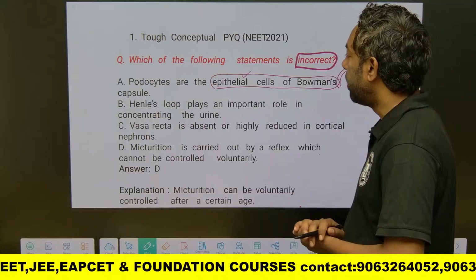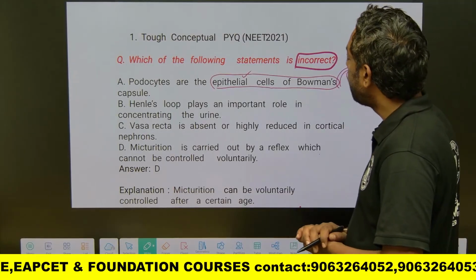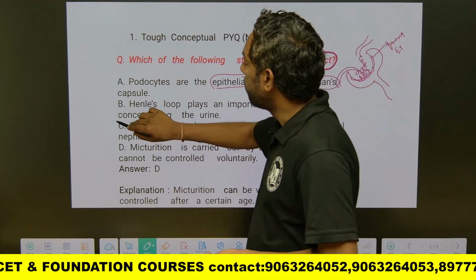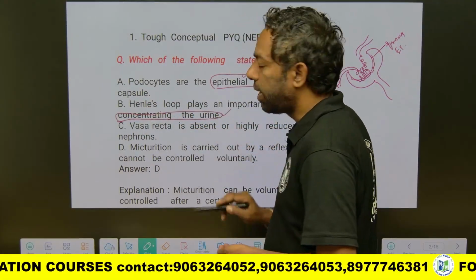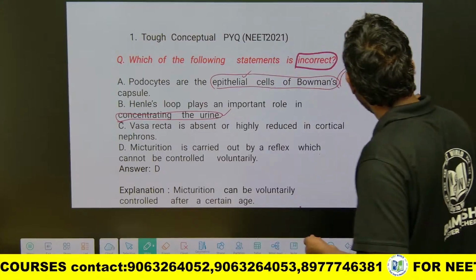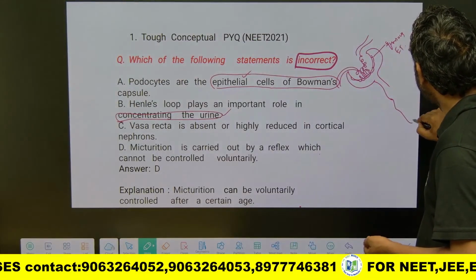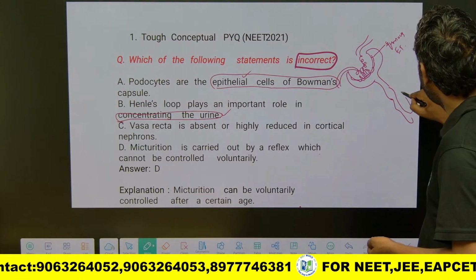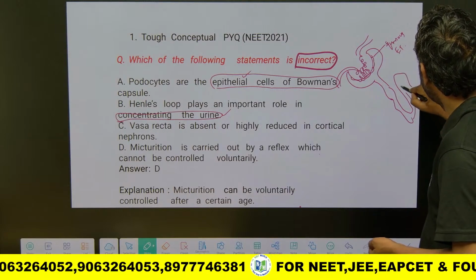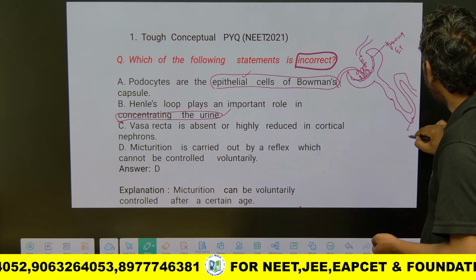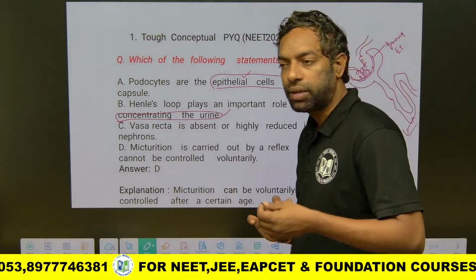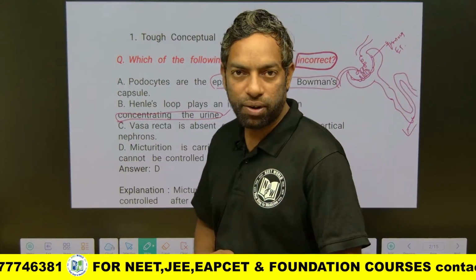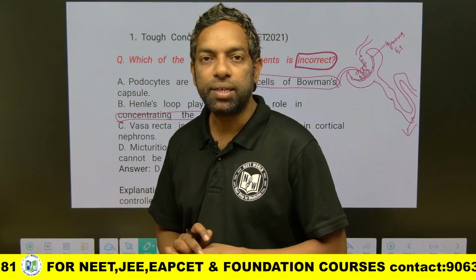Henle's loop plays an important role in concentrating urine. This is right. In the Henle's loop, PCT, DCT, this Henle's loop is involved in concentrating urine because it enters deeply into the medullary part, the medullary interstitial fluid.